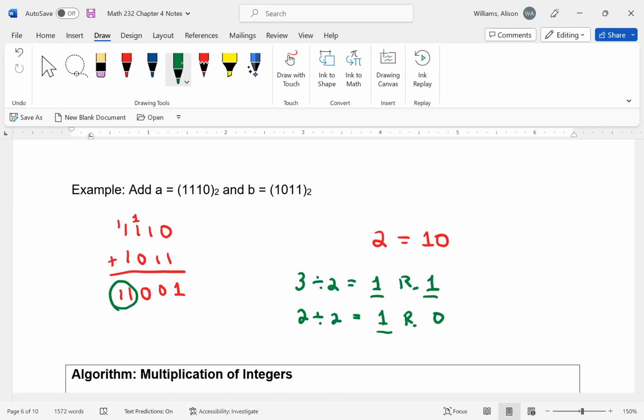So that's where the 10 is coming from in base 2. So 11 base 2, 10 base 2. I'm just dividing the numbers by 2 and figuring out what their remainder is. You won't really see anything bigger than 3 because you'll never carry anything more than 1, and the most you'll be adding up is the ones.